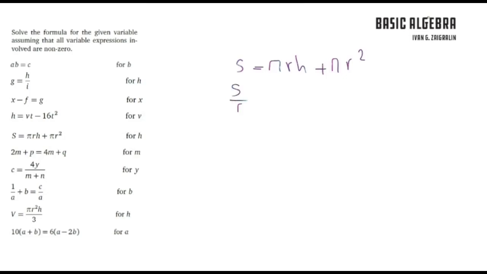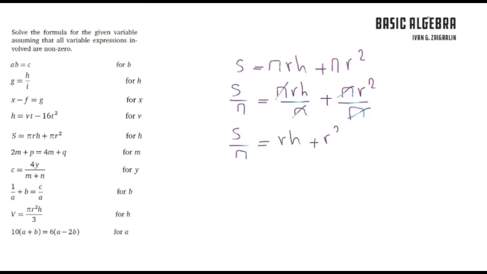S over pi equals pi r h over pi plus pi r squared over pi. So this pi goes with this pi, and this pi goes with this pi, and S over pi equals r times h plus r squared.